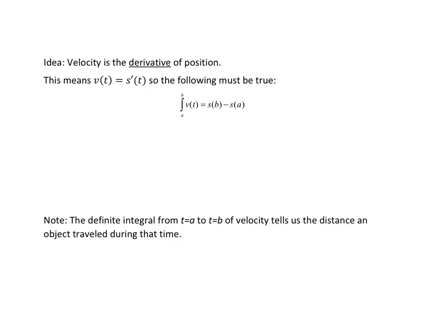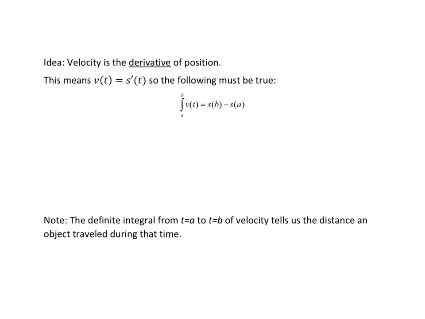So let's think about an important idea. Velocity is the derivative of position. This means v of t equals s prime of t. So the following is actually true by the fundamental theorem.